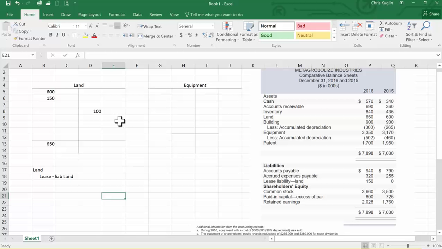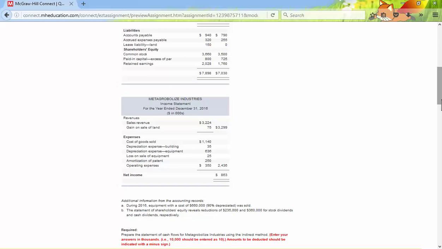It is not reflective of the actual sale price. So if the amount written off was 100 with a gain, what must have been the actual cash inflow on the sale of land? 100 plus 75, 175.